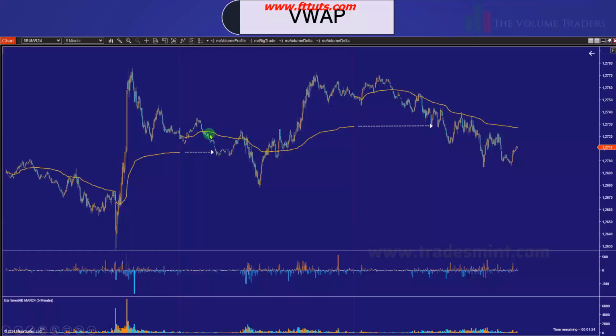For example, here is maybe a supply, price was always below the VWAP, price reached it again, so the bias is still for looking for shorts. And if price is above the VWAP, this school says that the bias should be bullish.